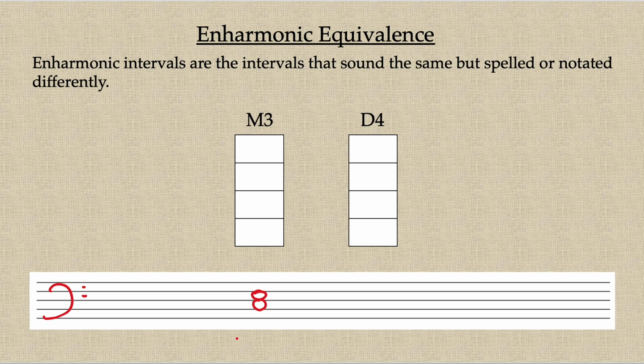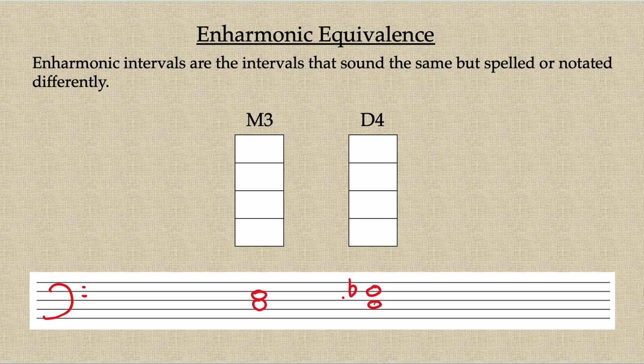That's why this is a major third. A diminished fourth: C to F is a perfect fourth. We're going to take one half step away from C to F by adding a flat to the F. Now C to F flat is a diminished fourth, which also consists of 4 half steps.